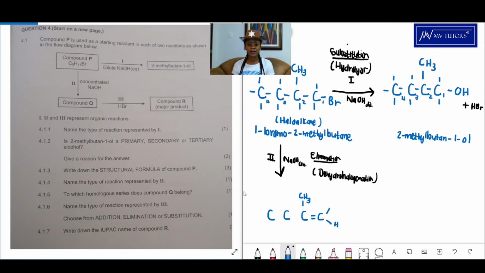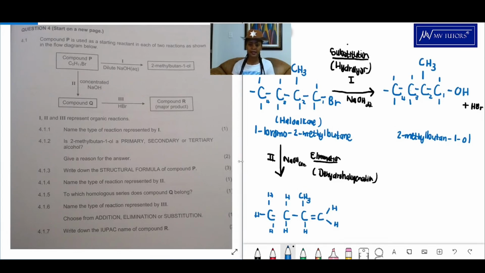There you have removed a hydrogen. You also have removed a bromine atom.